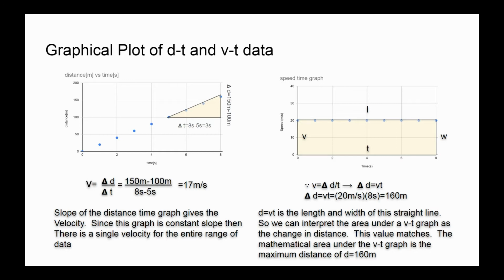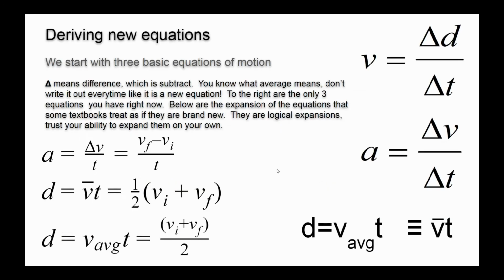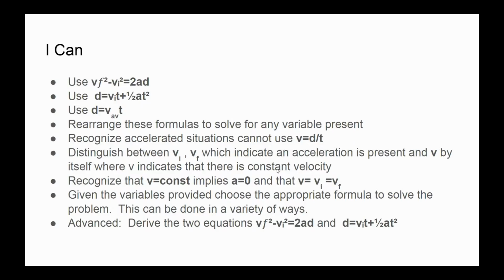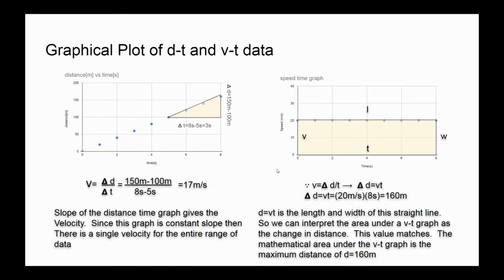They're mathematical areas and have different units. So we can interpret the area under a speed time graph as giving you the total distance covered. So this is the graphical interpretation of this single equation of motion.